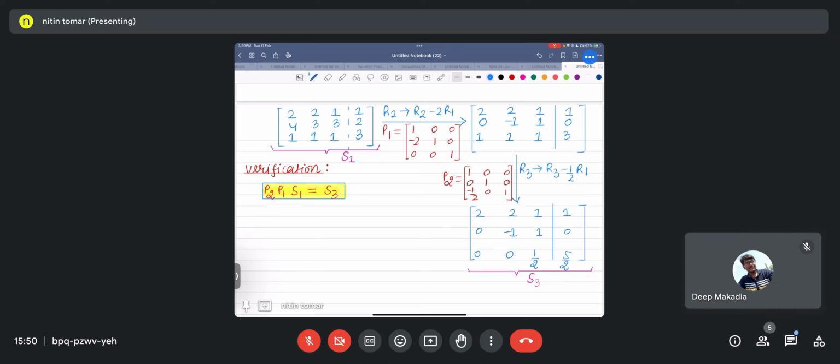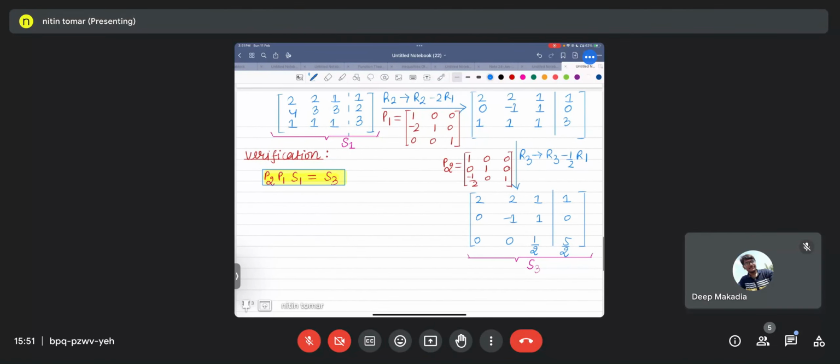So were you able to verify this claim? So let us take P1 S1 first. I will do 2211, 4332, 1113.